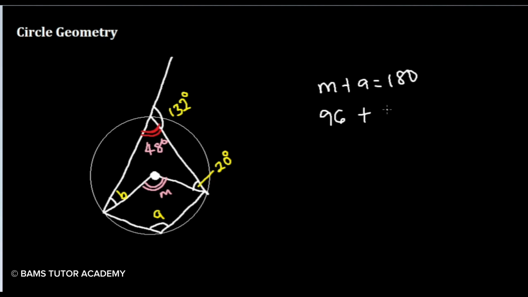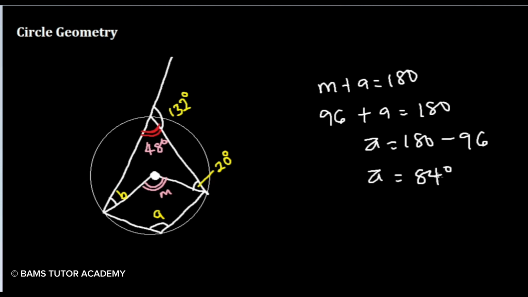So 96 plus A is equal to 180. So this A is equal to 180 minus 96. That should be 84, yes. And that will be the value of A.